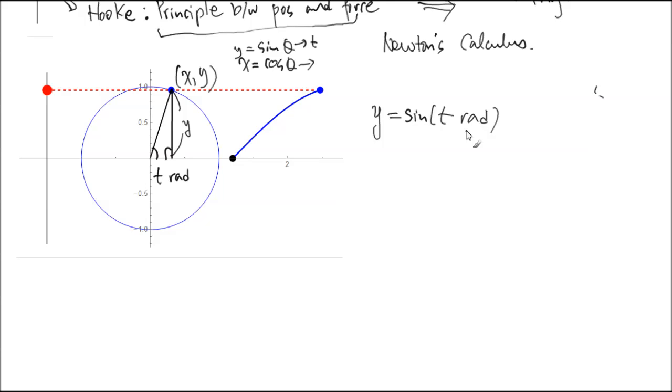If you make a connection of angle t radian with the time, then this becomes the position function of time. So if this is true, then we have to introduce something like sine of t second. The sine value is really the height of this thing. All right, so this is a motivation.